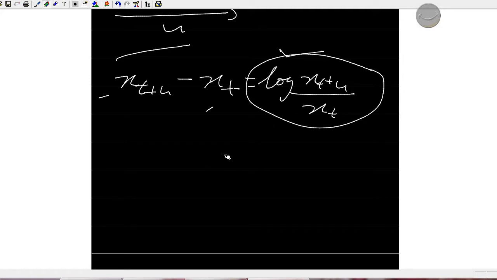And interestingly, when we take the distribution of this, what we find is the distribution of this is stationary. So this distribution is stationary, and you can refer to my previous videos for the concept of stationarity.